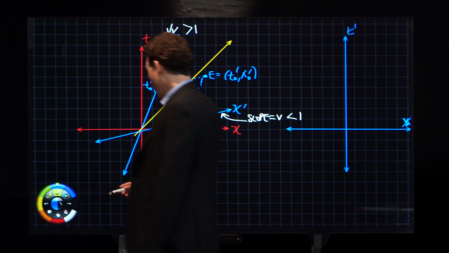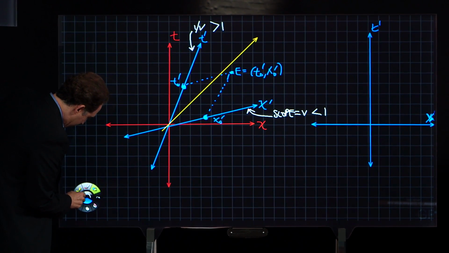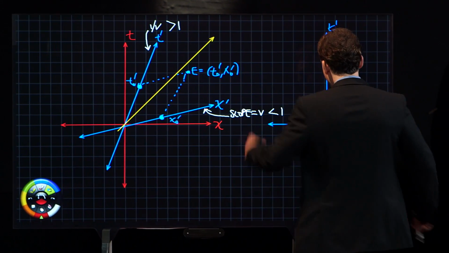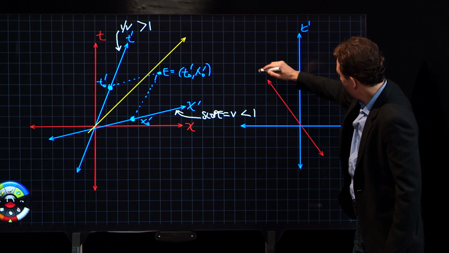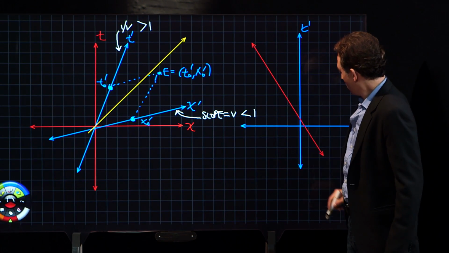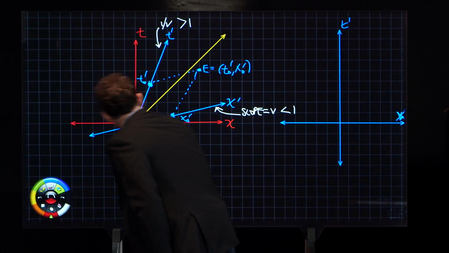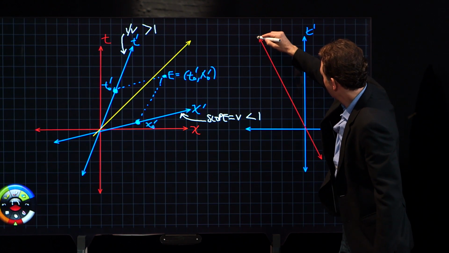And therefore, if you were to look at, say, the trajectory of somebody who is sitting still at the origin of the red system, that person, in this way of looking at things, would have a trajectory, well, that's a little off from the origin, so let me be a little bit better than that. So something like this, good, right?